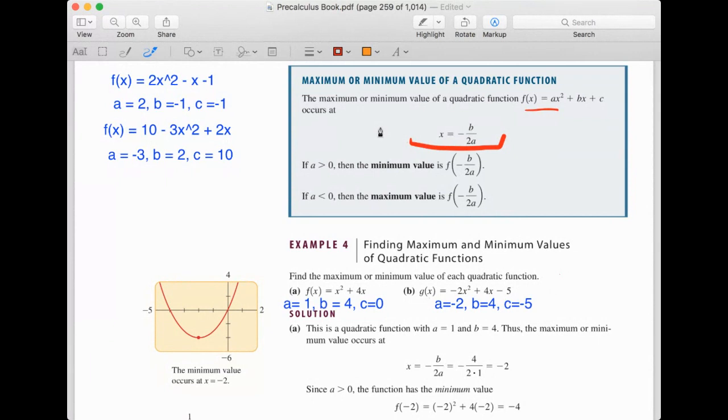So we want to find the minimum point or the maximum point, or the vertex. All right, we want to find the vertex. Let me write here. The vertex is this: negative b over 2a, and f of negative b over 2a.